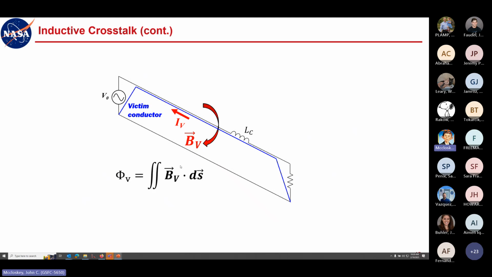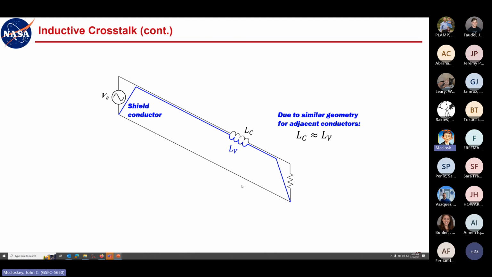The total victim flux is the surface integral of the B sub V vector through that surface. So the partial self-inductance of that victim conductor with respect to that same ground or signal reference is going to be that total flux divided by that current.